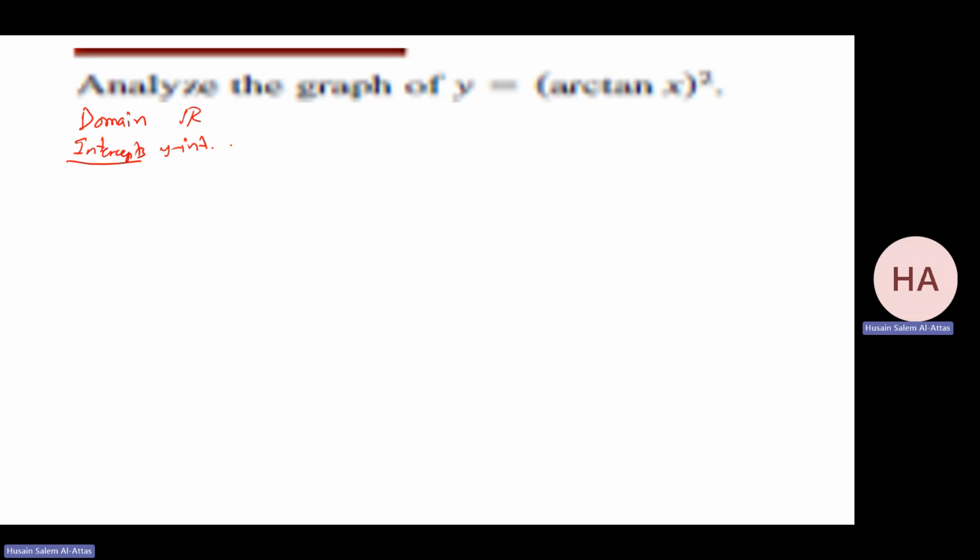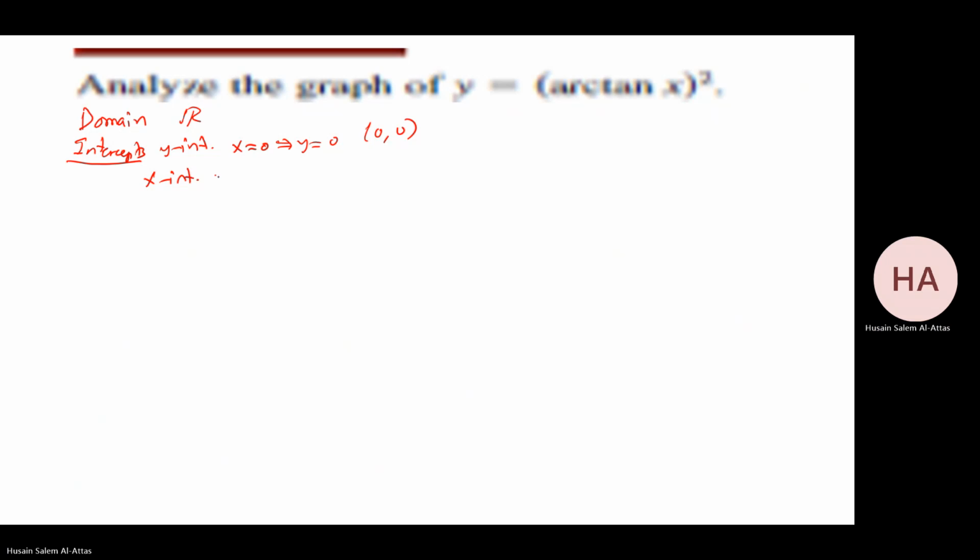Y-intercept at x equals 0. So I'm getting y equals 0. Tan inverse of 0 is 0, and 0 squared is 0. So I have the point 0, 0.